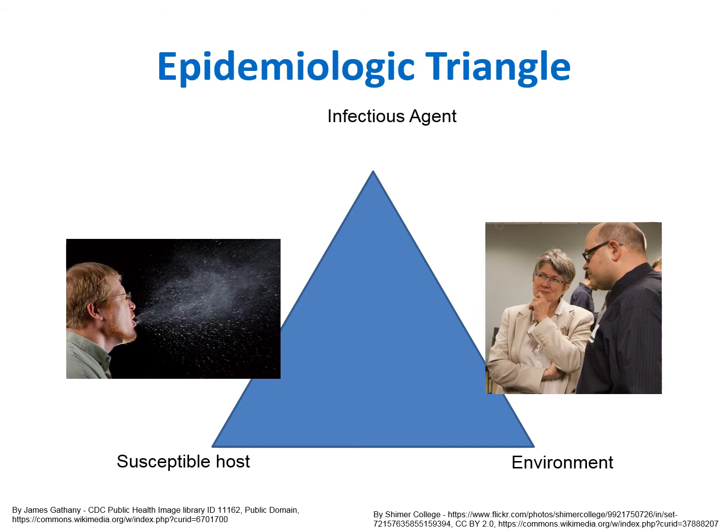The portals that pathogens use to exit an infectious host may be the same ones used for entry in the susceptible host. For example, someone can become infected with influenza, like these people over here, when they inhale the virus on saliva droplets or mucus droplets from an infected host.